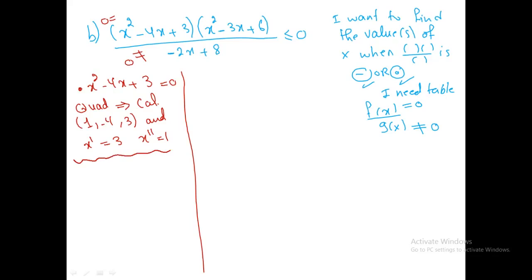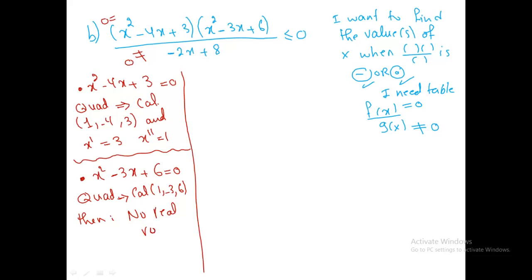This is the first one. The second one, x squared minus 3x plus 6 equals to 0. Also this is quadratic, either by calculator or by solving delta. I will use calculator and enter 1, minus 3, 6 for A, B, C. Then the calculator will give me no real roots.